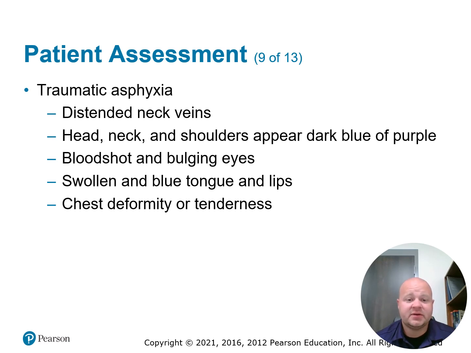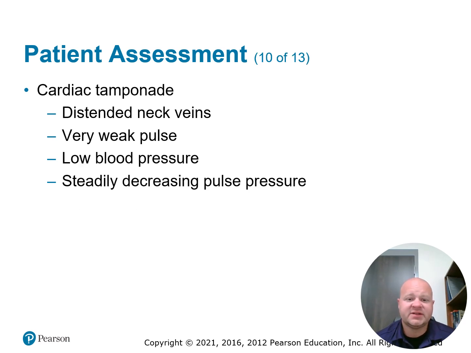Traumatic asphyxia, we can see distended neck veins. The head, neck, and shoulders may appear cyanotic, so blue or purple. Bloodshot, bulging eyes, swollen and blue tongue and lips, and then chest deformity or tenderness. So cardiac tamponade, we can see distended neck veins, a very weak pulse because we have a low blood pressure, and then a steadily decreasing pulse pressure.